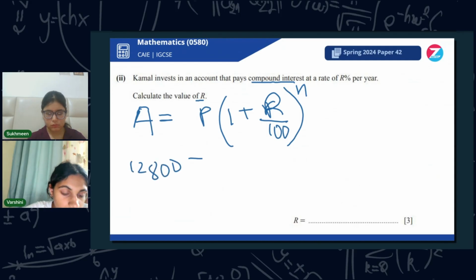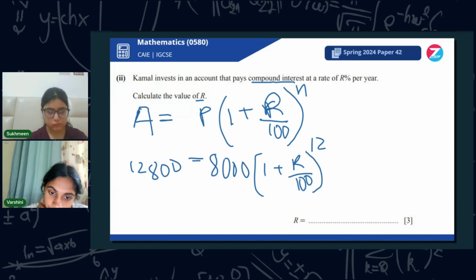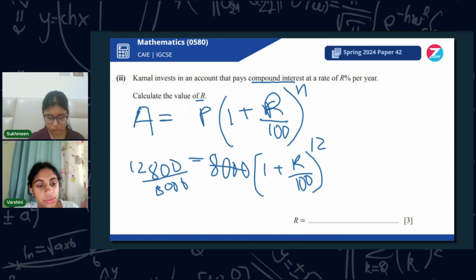So 12,800 equals her principal amount, again 8,000, into 1 plus r by 100 to the power 12. First, let's divide both sides by 8,000 to get rid of this on the right.